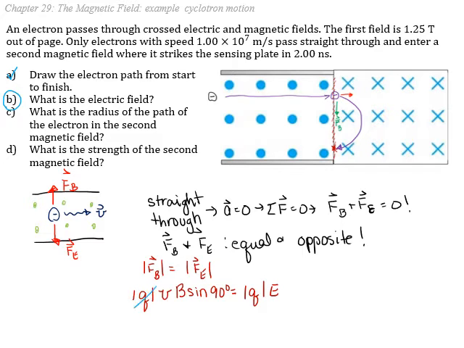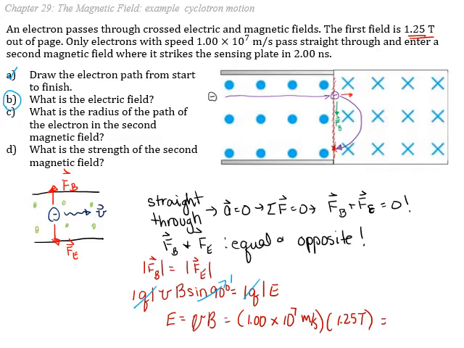We've got a Q on both sides, so they can cancel. Sine 90 is just equal to 1. So we're left with the magnitude of the electric field equals V times B, the velocity of the particles times the magnetic field. So 1 times 10 to the 7 meters per second times the magnitude of the magnetic field. We're given that that's 1.25 Teslas.